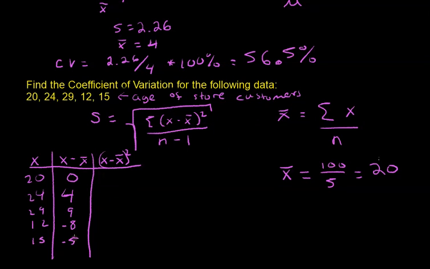Now let's square each of those numbers. 0 squared is 0, 16, 81, 64, and 25.